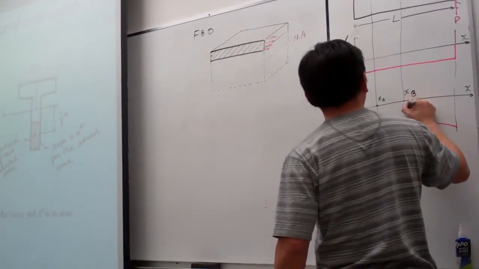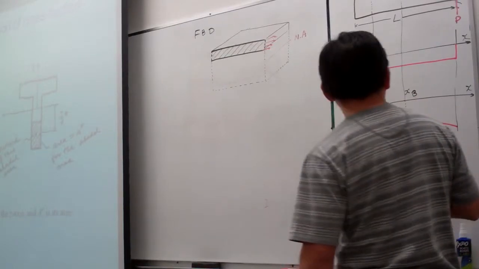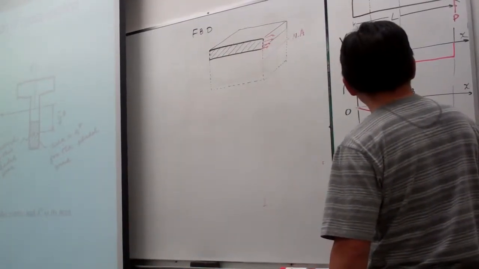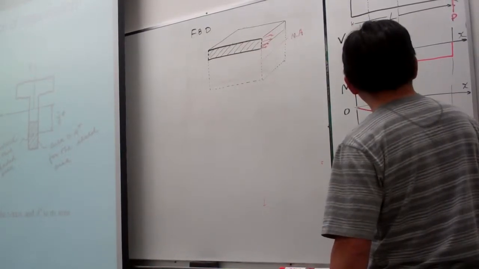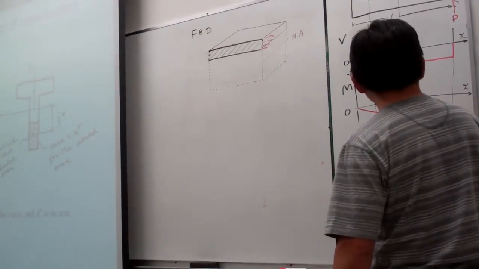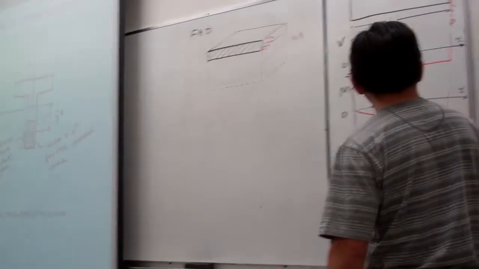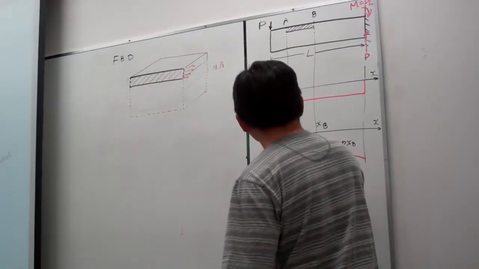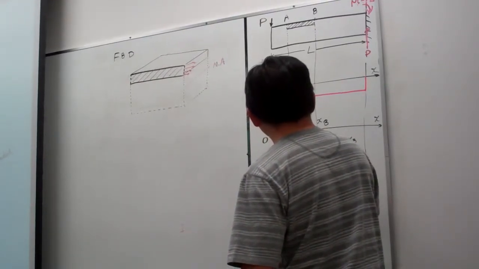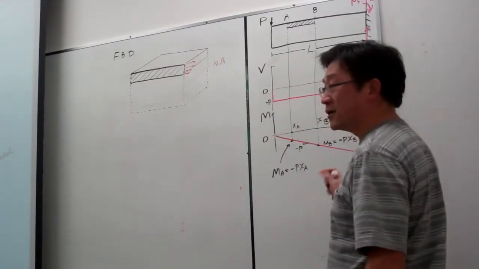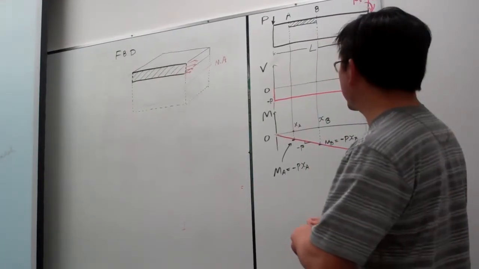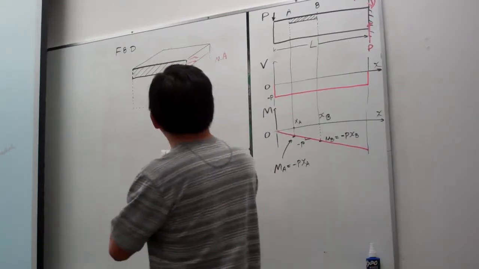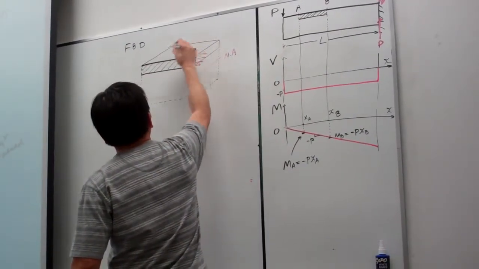The magnitude here is MB, which will be equal to minus P times XB. And the magnitude here is MA, which is minus P times XA. Here I just try to fix the magnitude of the bending. So the bending stress at this side, this is B, this is A.